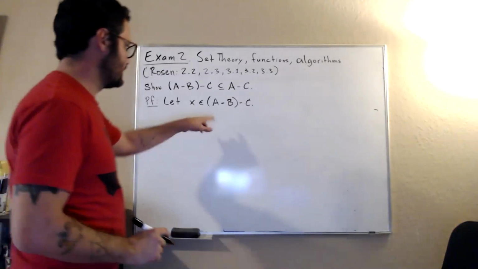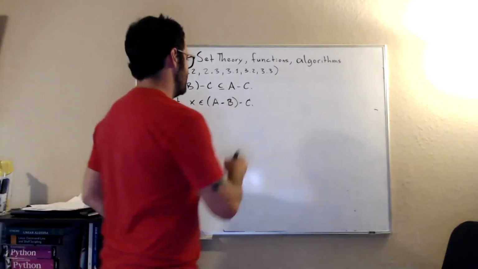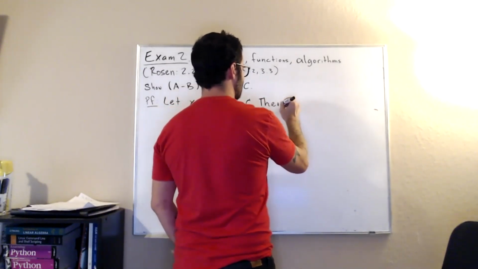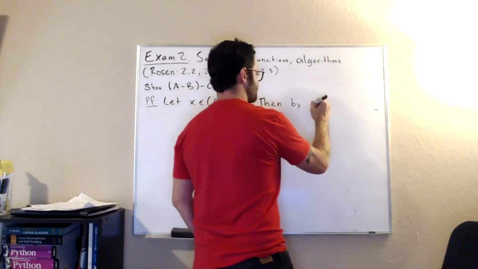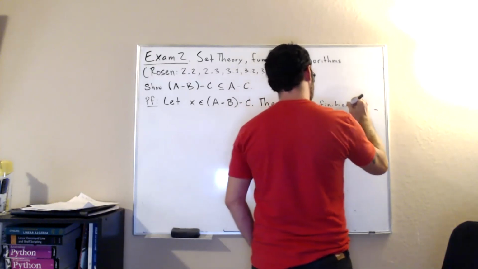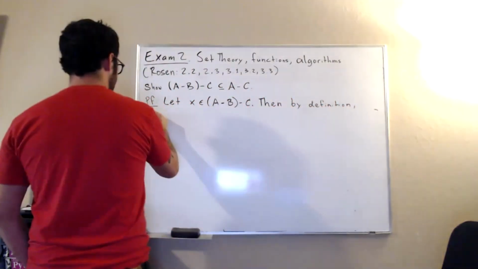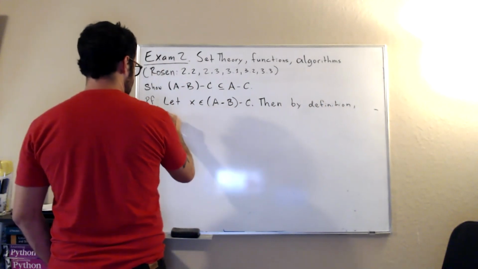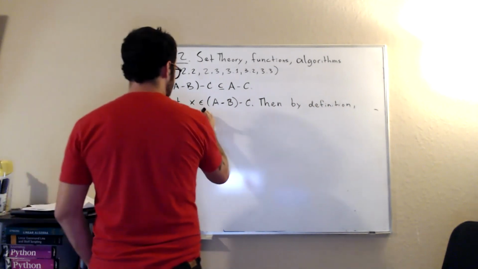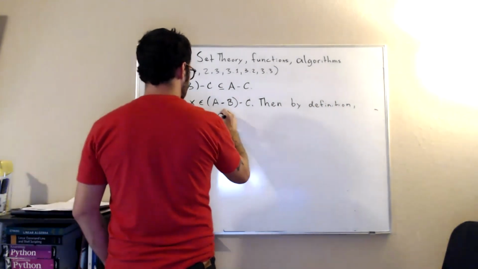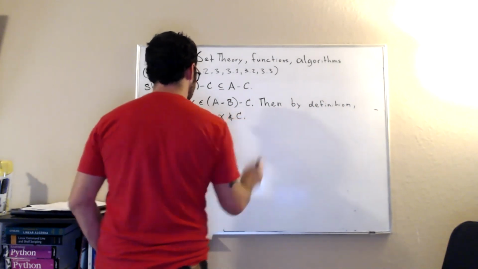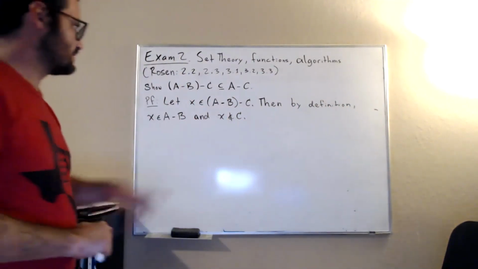Okay, so if x is in this set, then by definition x is in this set here, and x is not in C. Right, that's the definition of the set difference, right?